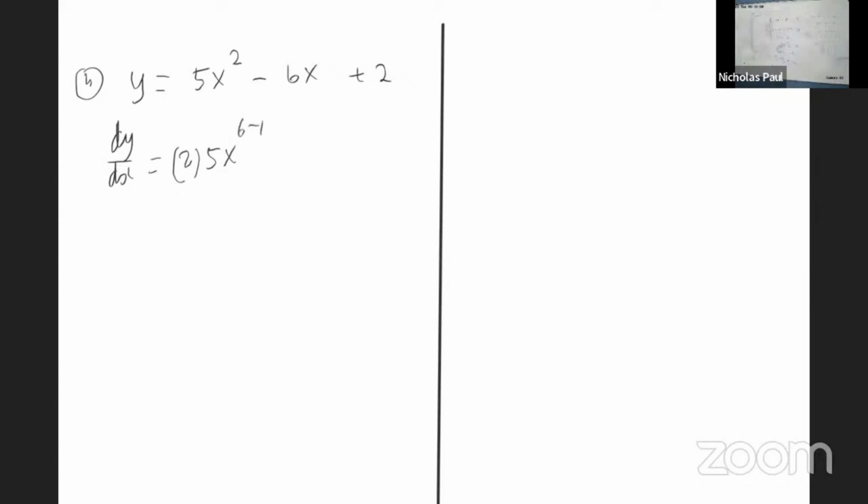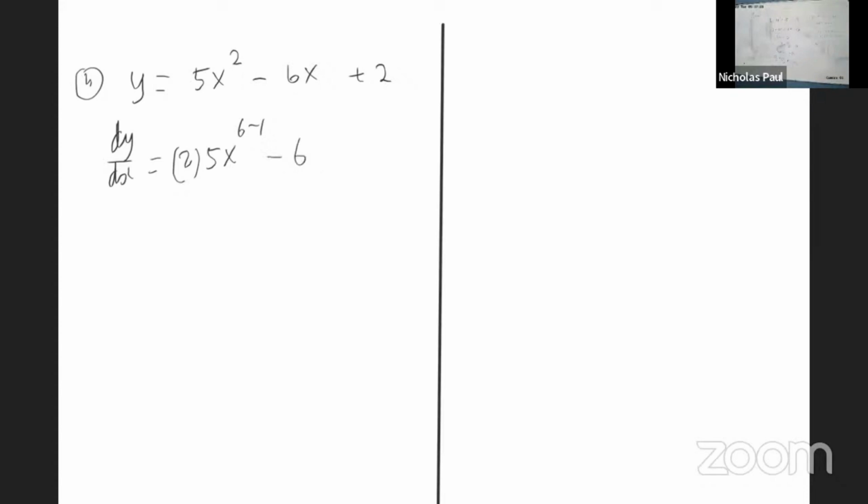What's the differential of 6x? Sorry, minus 6x. What you do? What's the short way? Just take off the x.